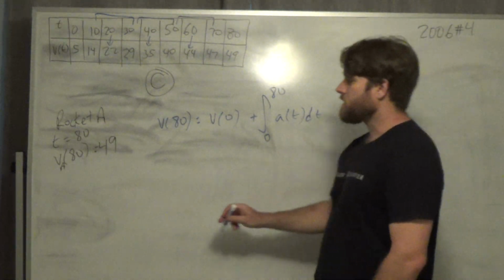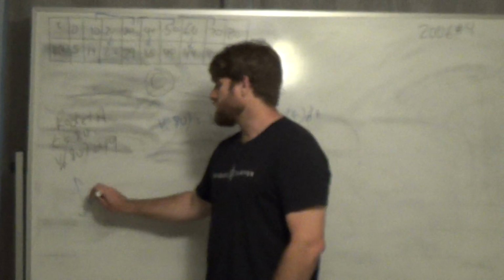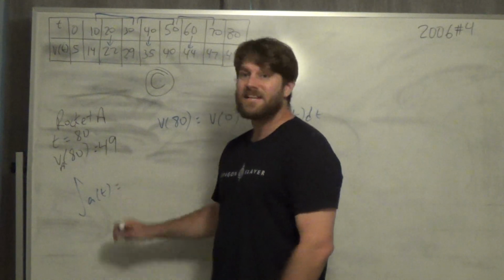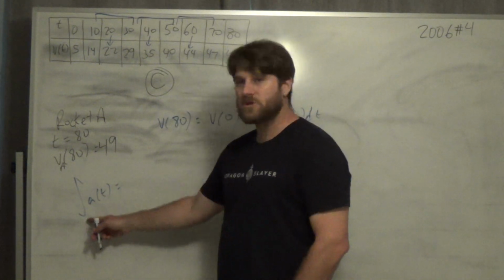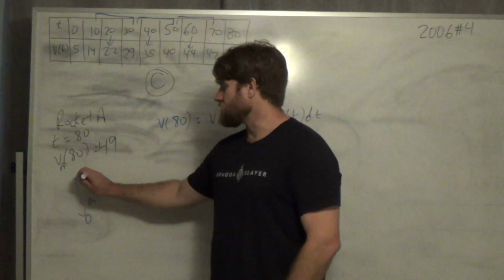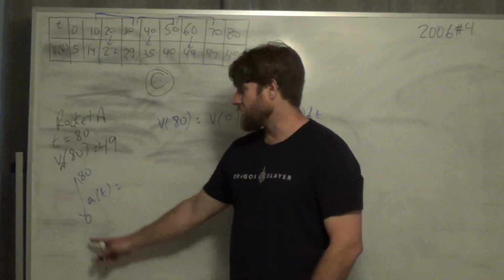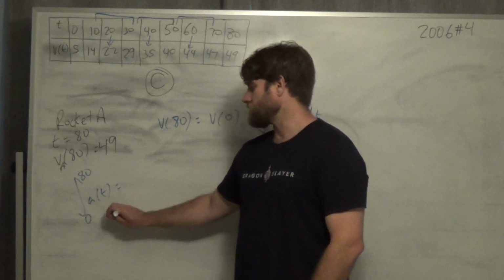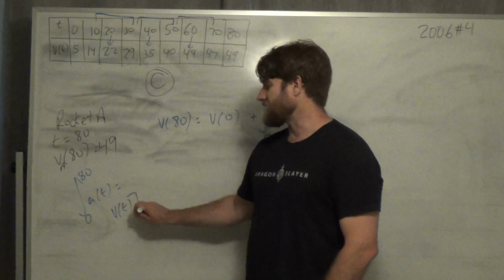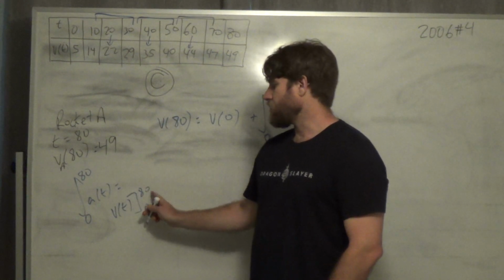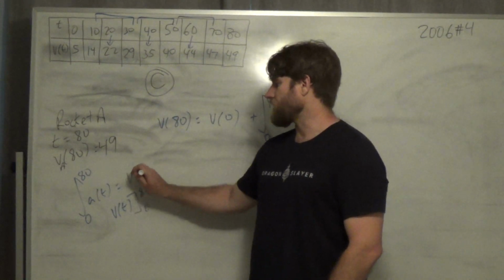Something to remember. The area underneath the curve gives the net change in the antiderivative. I just want you to look at this. If I went from 0 to 80 and I followed the rules, I'd say, what's the antiderivative of acceleration, which is velocity, and then I'd plug in the top and the bottom and subtract.